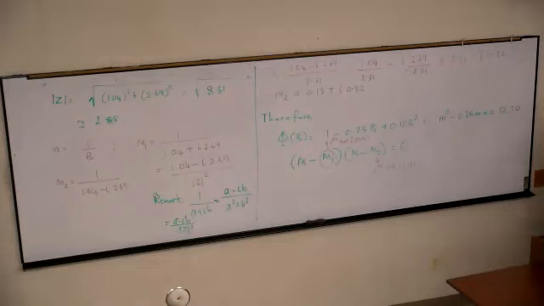Why isn't 0.12 the coefficient for m squared, which is the coefficient for b squared?